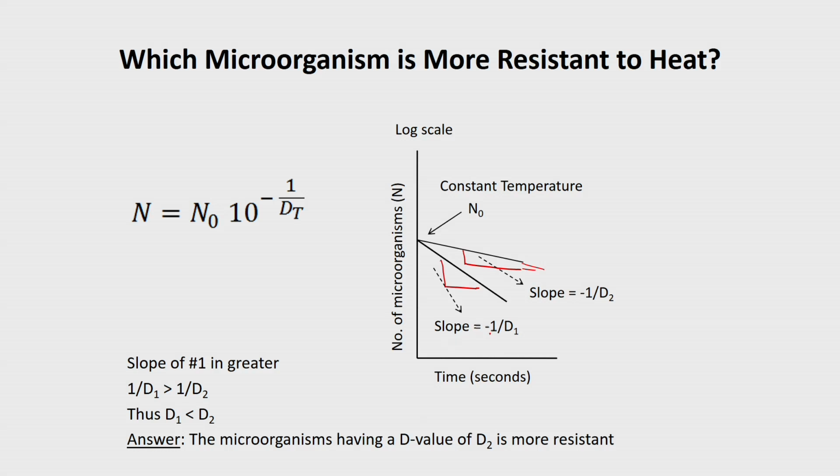So the slope of minus 1 upon D1 is higher when compared to minus 1 upon D2, right. Thus D1 is less than D2. That means the microorganisms having D value of D2 are more heat resistant, that is why you get the maximum D value, right.